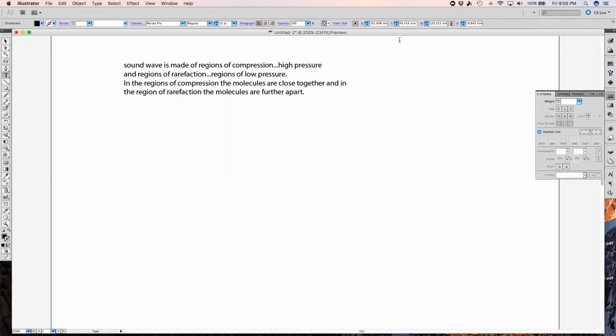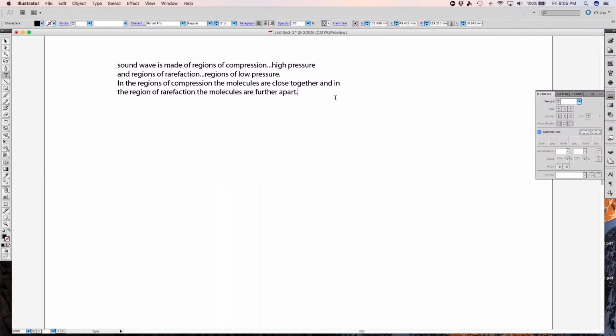So that's what I was describing in terms of the sound waves. It's made up of a region of compression and regions of rarefaction. We also know that the wavelength, yeah, we're okay with that.